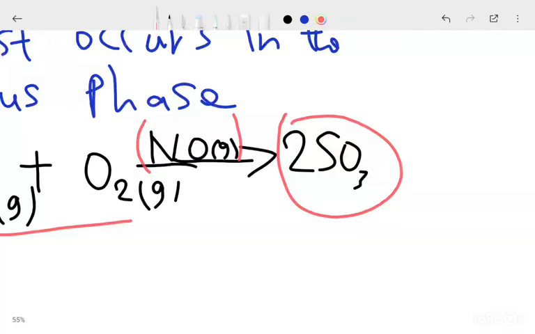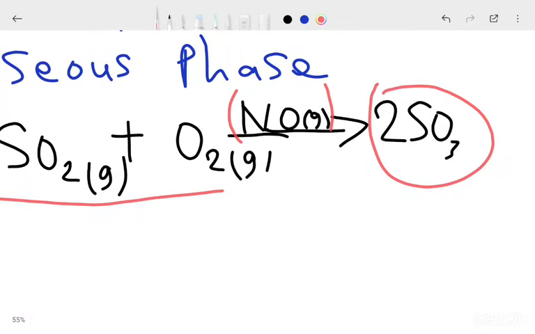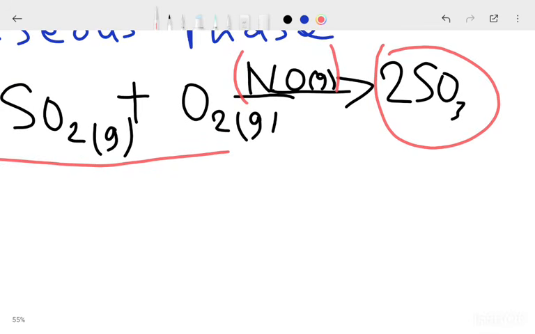Are you getting it? So meaning that if both the reactants and the catalyst are solid, then the product is in liquid form or gaseous form, that one is not a homogeneous reaction. So for it to be a homogeneous reaction, this particular reaction, it is an example of homogeneous catalysis or homogeneous reaction.